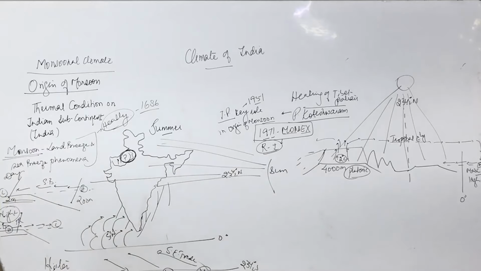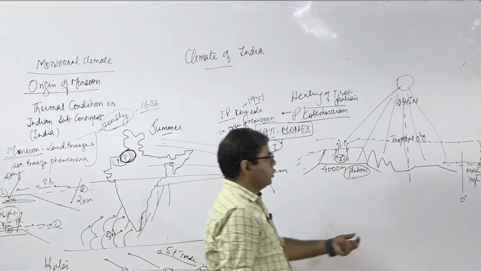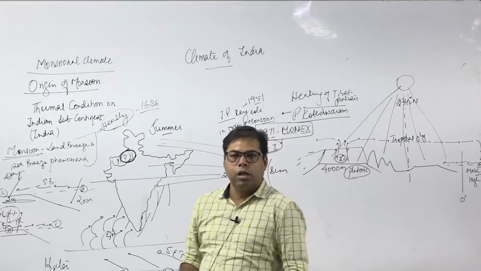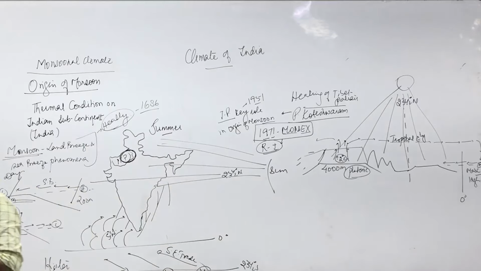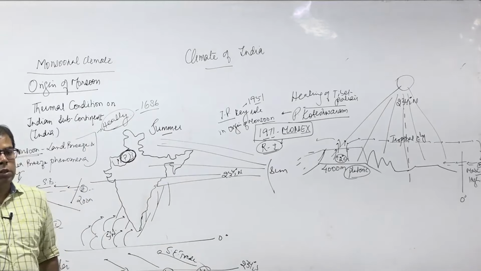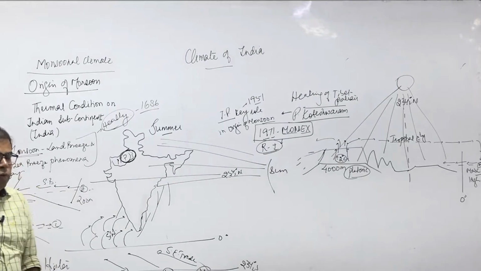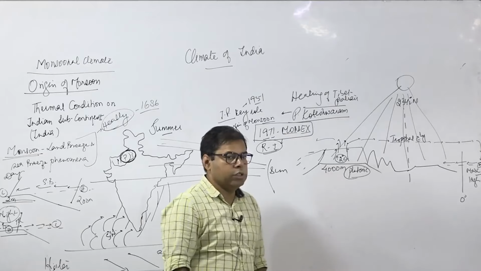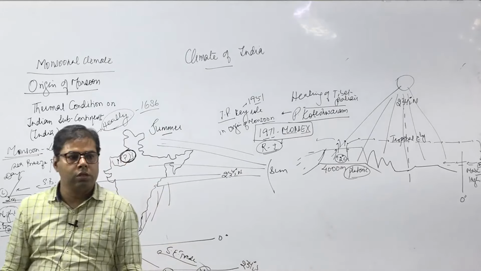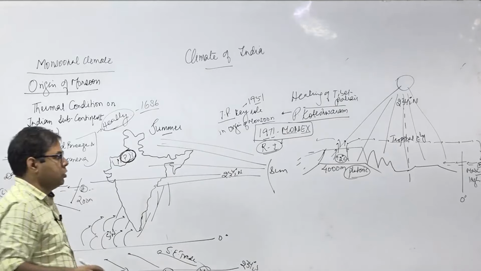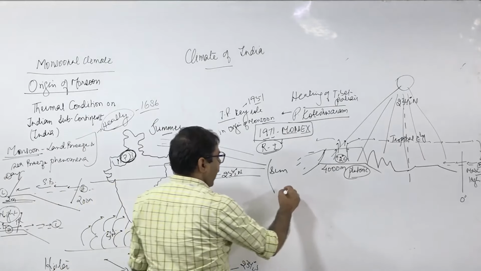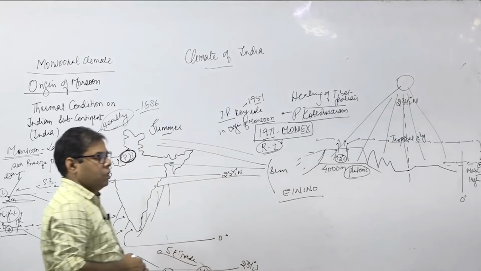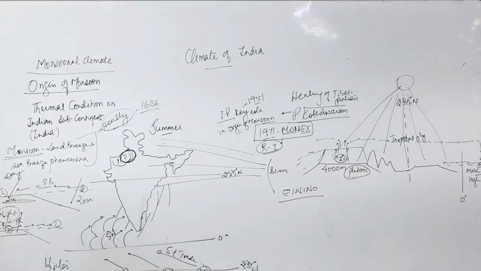There they found that a high pressure condition develops over the Mascarene High, and the source or origin of this wind is over the Tibet Plateau. Therefore, the Tibet Plateau plays an important role in the origin of monsoon, right? Another impact has been observed as the effect of El Nino.